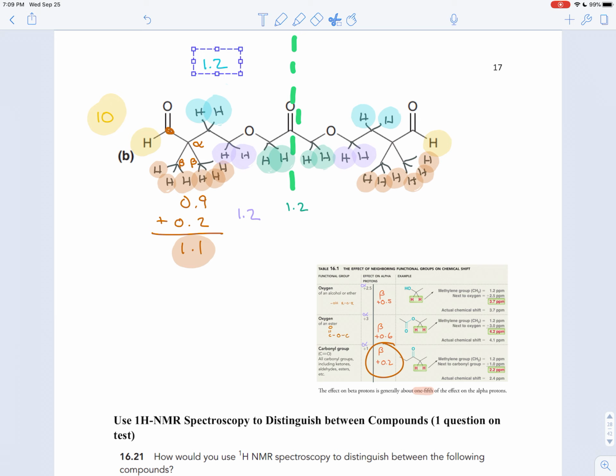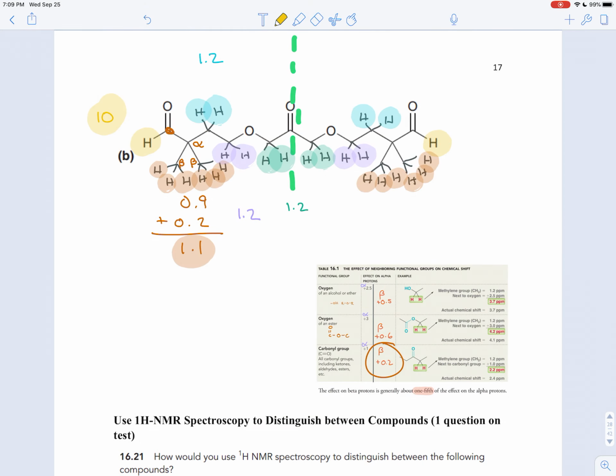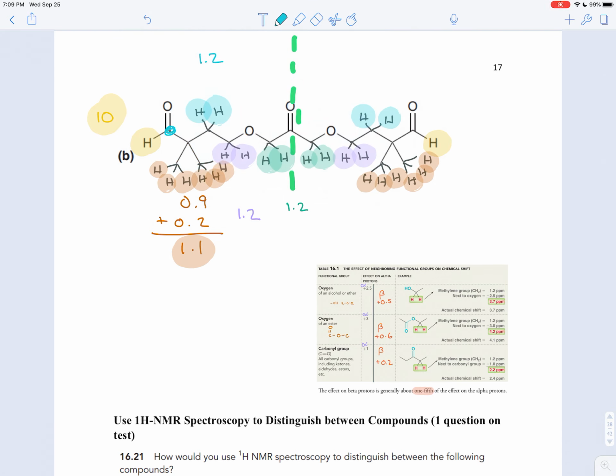Okay, next. For the blue hydrogens, we had 1.2, and you'll notice that the blue hydrogens are also beta to the carbonyl. The carbonyl is right here. The atom right next to it is alpha. The blue hydrogens are the next one over.